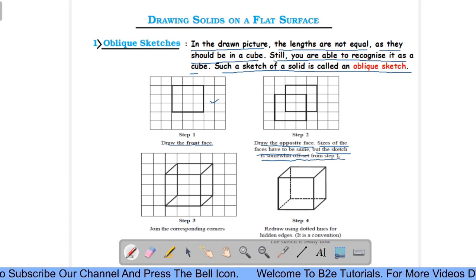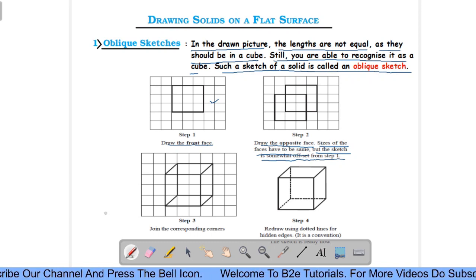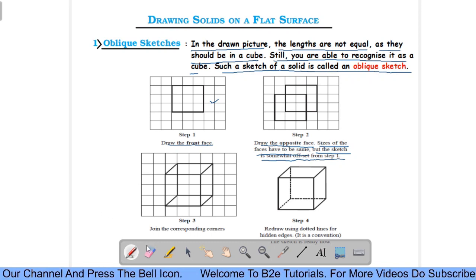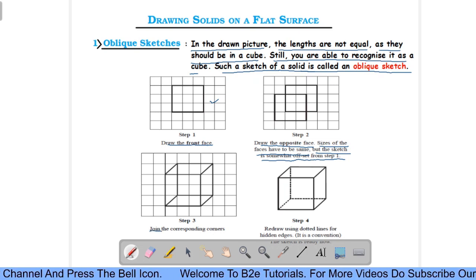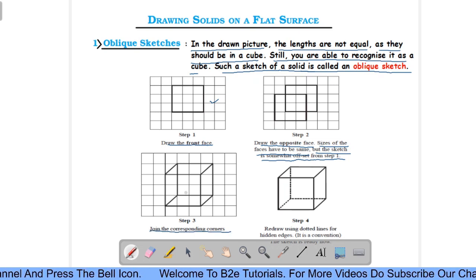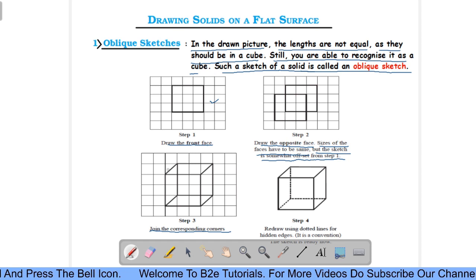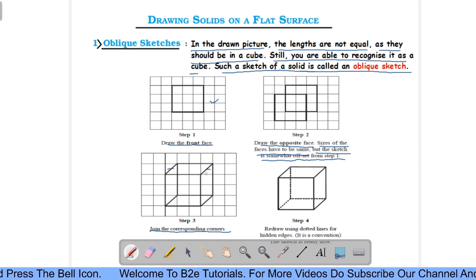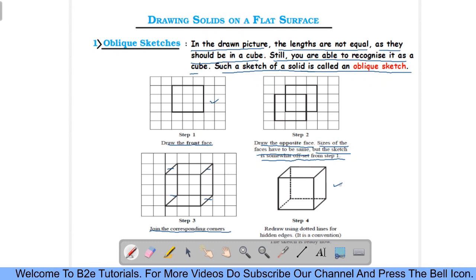Here the dimensions are the same. Draw the figure like this, and then in the third step join the corresponding corners, that is this side, this side, this side, and this side. You will get a cube like this.